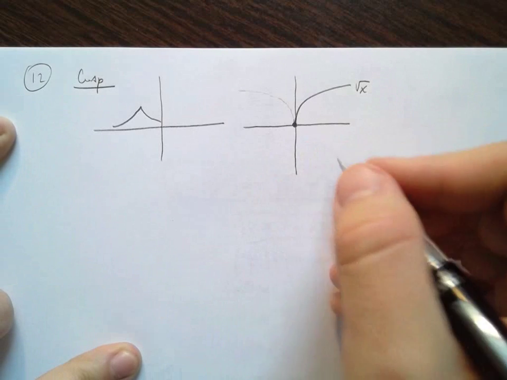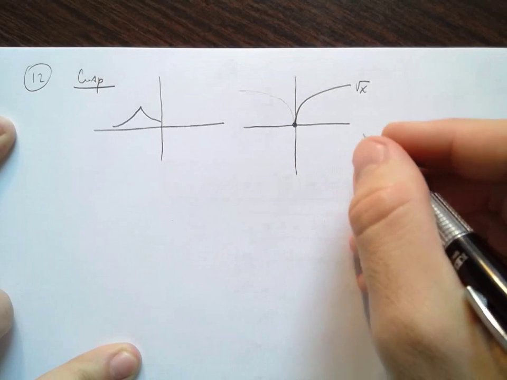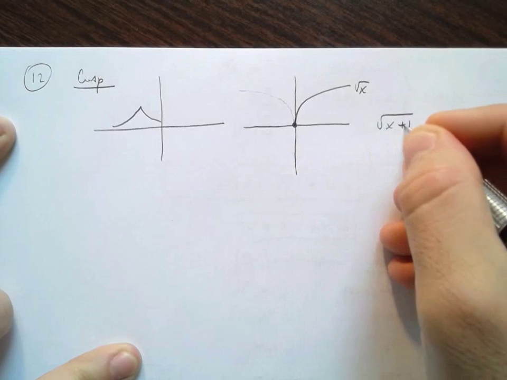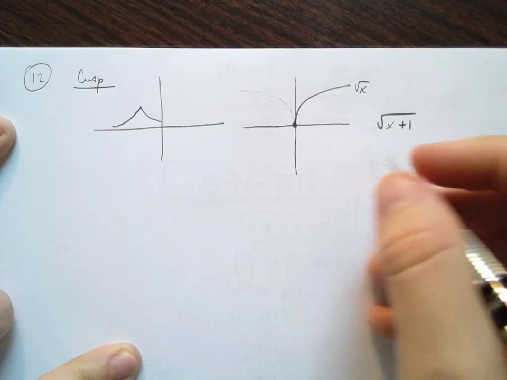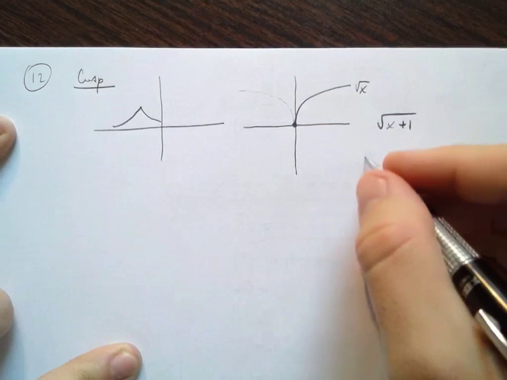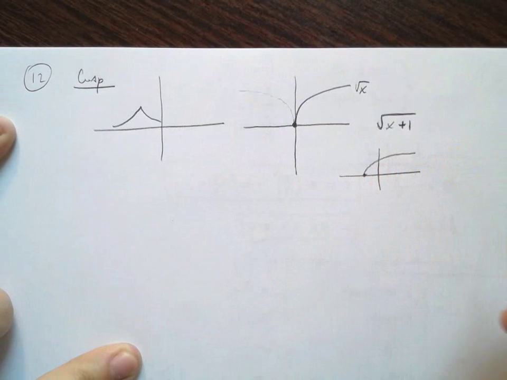Okay, so one way to do this is, let's just say I take the square root of x plus 1. Okay? Square root of x plus 1, what that function is going to look like is it's going to shift the square root of x function to the left 1 unit, so it looks like this.